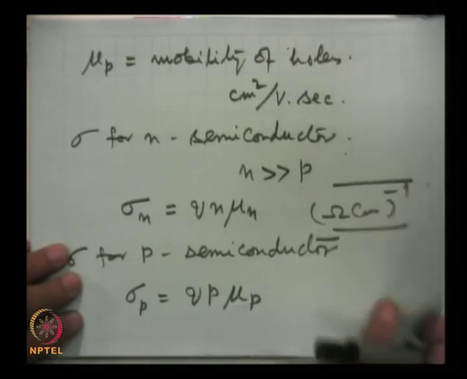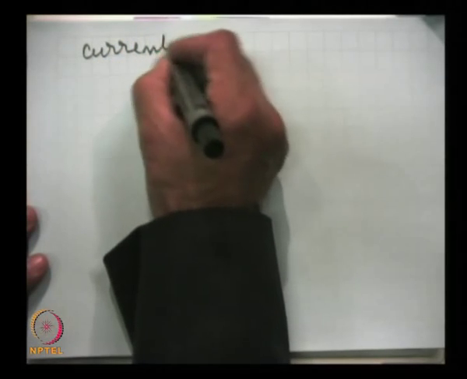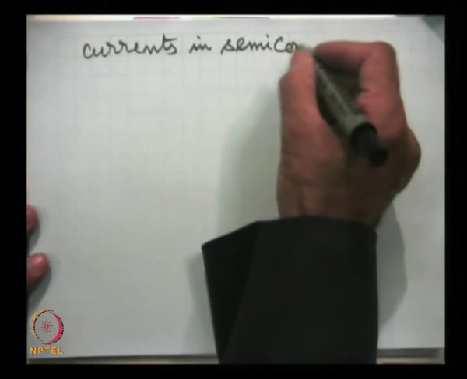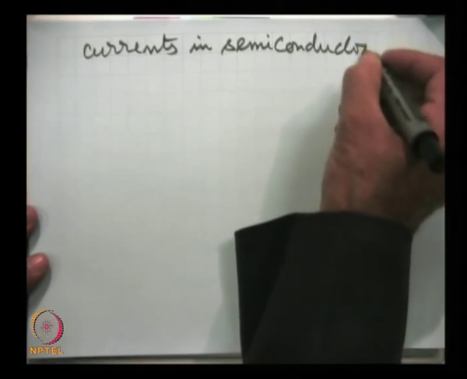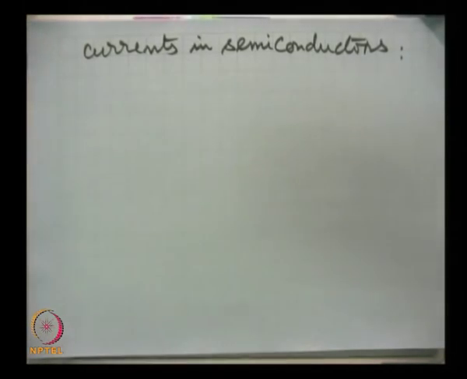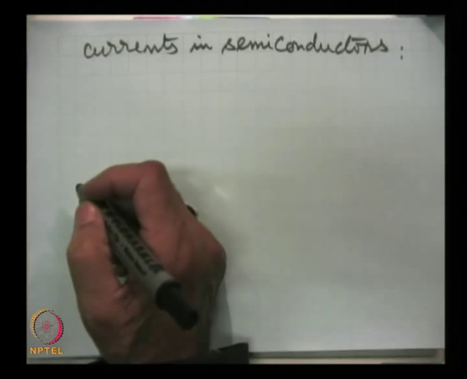Now, we talk about the currents in semiconductors. There are two components of current in semiconductors.